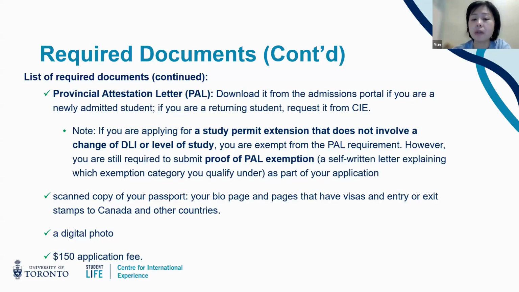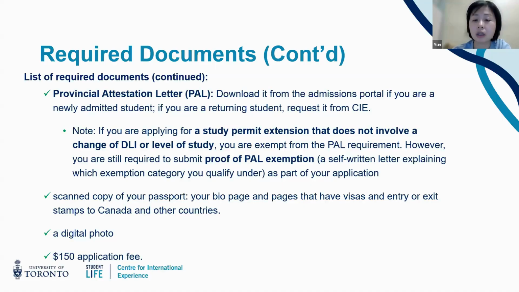Okay. However, if you are a returning student and you are applying for a new study permit from outside Canada, or if you have applied for a study permit inside Canada but it was refused and you want to apply for it again, you can request a second PAL from CIE.